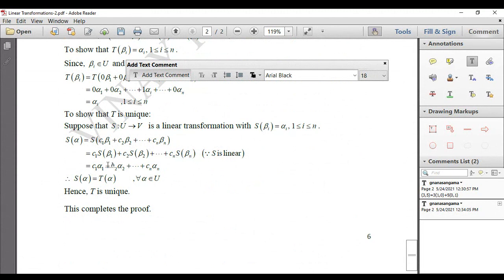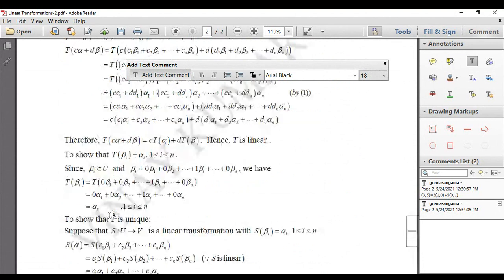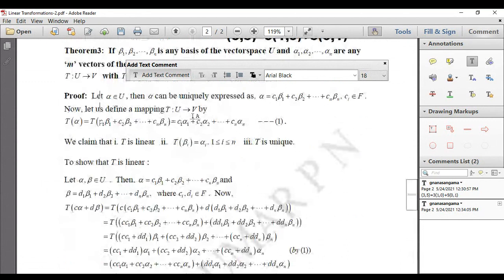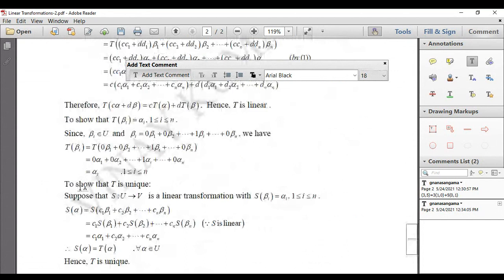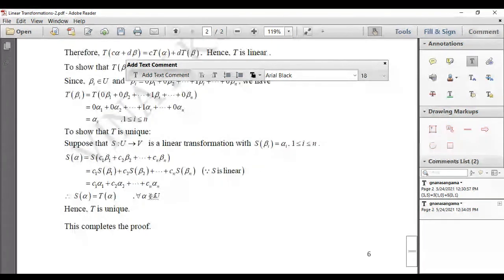So we got S of alpha equal to C1 alpha 1 plus C2 alpha 2, etc., up to Cn alpha n. But what is C1 alpha 1 plus C2 alpha 2, etc., up to Cn alpha n? It is T of alpha. Therefore, S of alpha is the same as T of alpha for all alpha belonging to U.